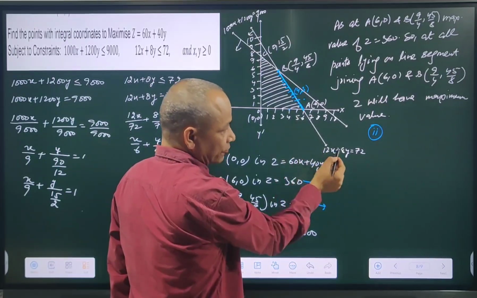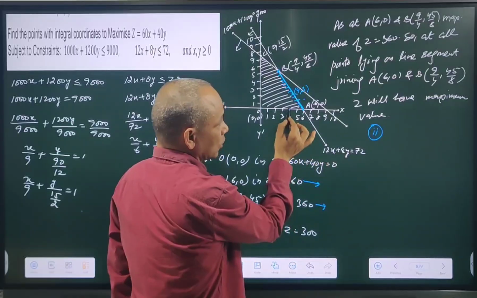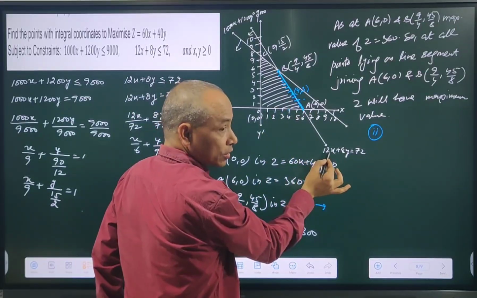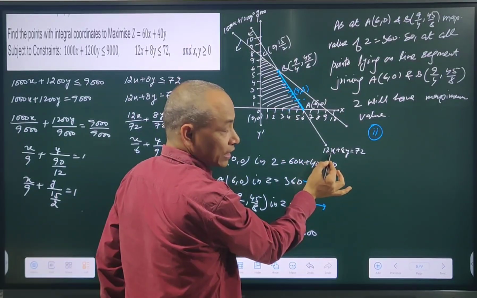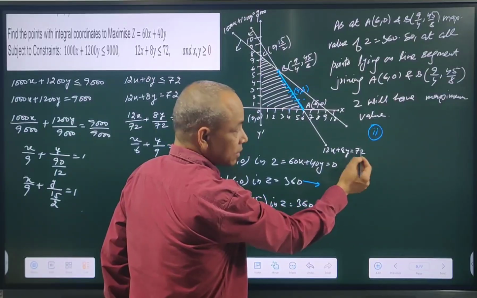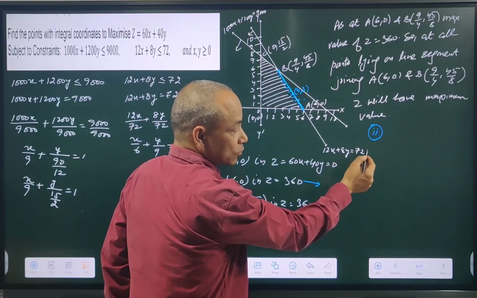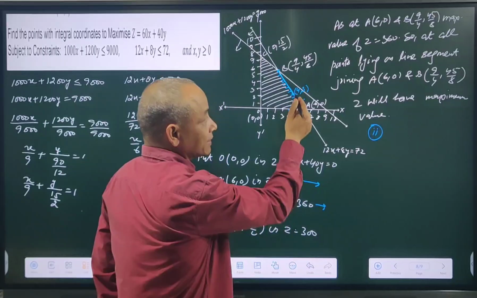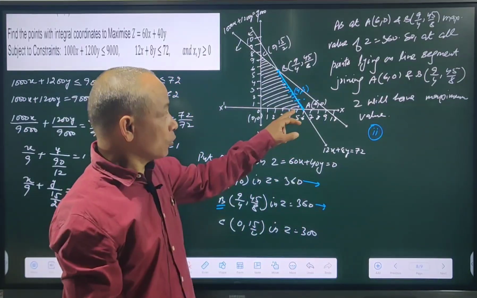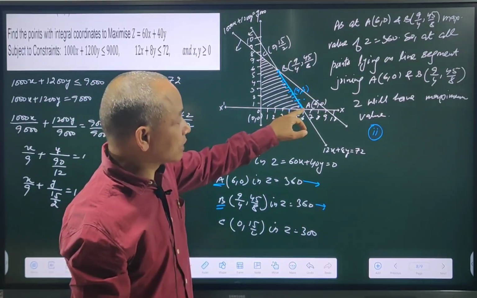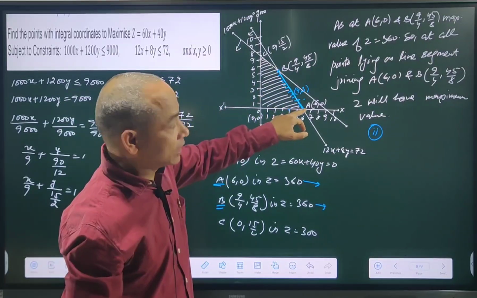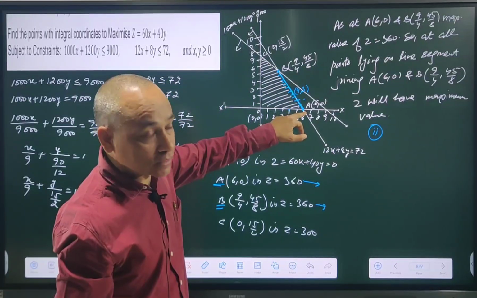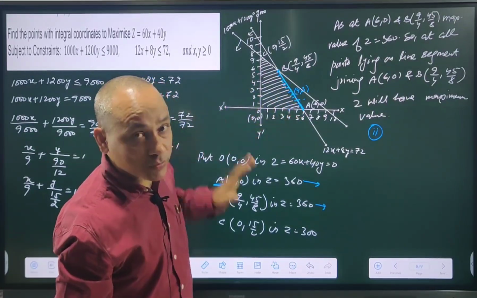When X is 5, Y will be a fraction. When X is 4, 4 into 12 is 48. 48 goes that side. 8Y equal to 72 minus 48. 8Y equal to 24. So Y equal to 3. That means a point with integral coordinates which lies on line segment AB is A, that is (6, 0), which is already there, and there is another point (4, 3).